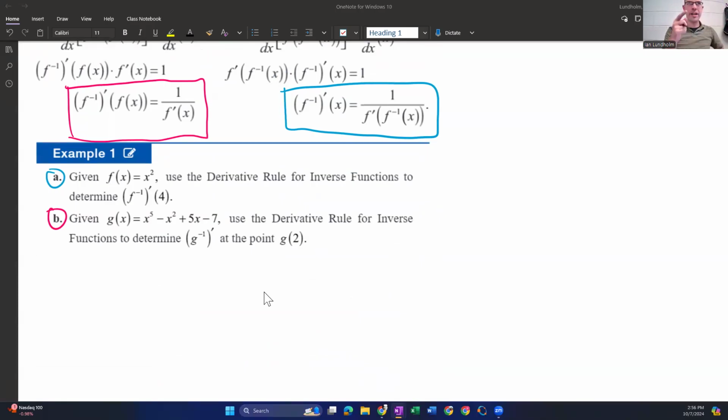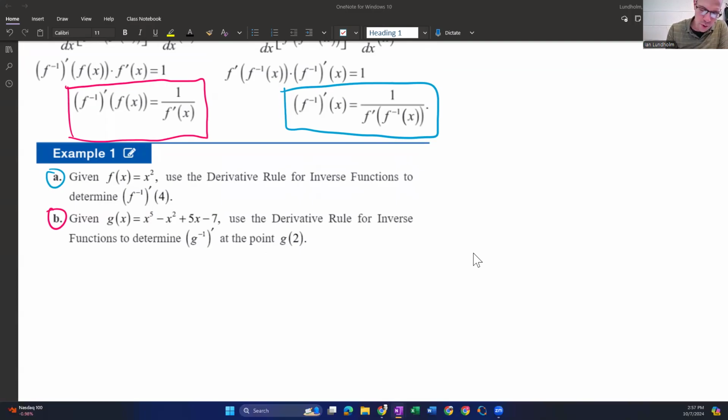All right. So here we have the function x squared, and we're going to try to determine the derivative of the inverse function when we're plugging in 4. So if we utilize, let's go with a over here, that right-hand one, we've got the derivative of f inverse.